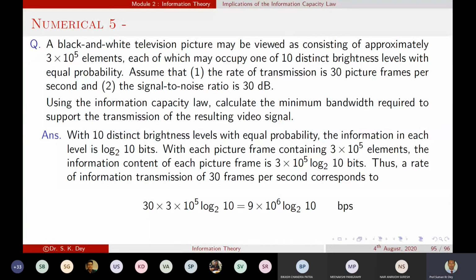Is there any doubt? The number of bits will be a fraction, so shouldn't we round off those? For the time being, you can consider the fraction, but basically, on an average, we are calculating. Suppose there are 10 levels.